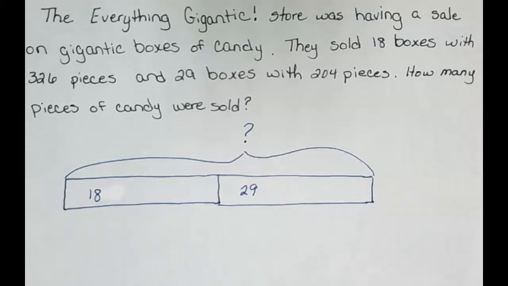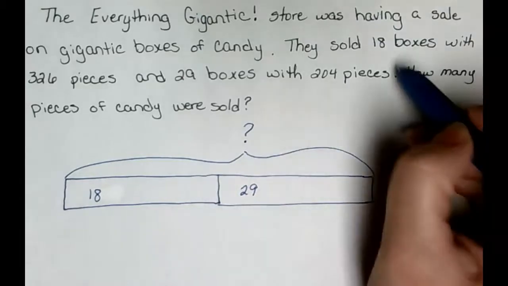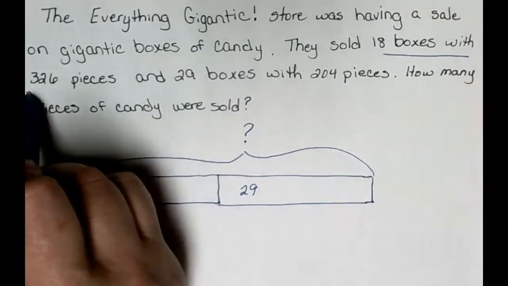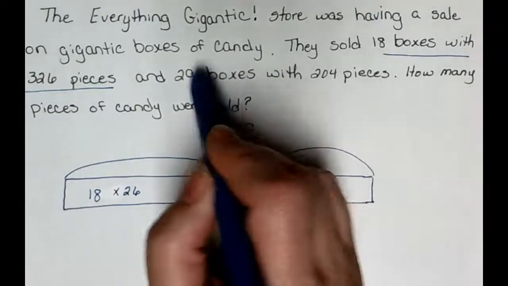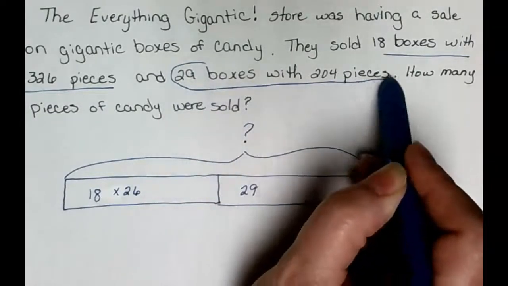I'm trying to find out how many pieces were sold in all. And so I need to represent the number of pieces in each type of box. There were 18 boxes with 326 pieces sold, and there were 29 boxes with 204 pieces.